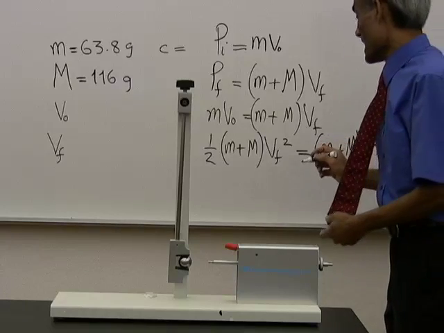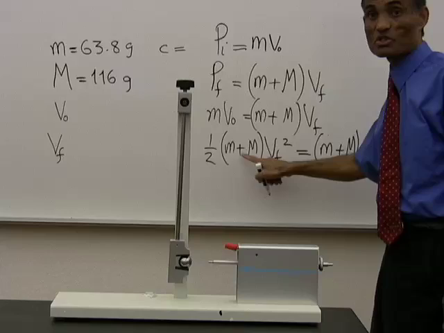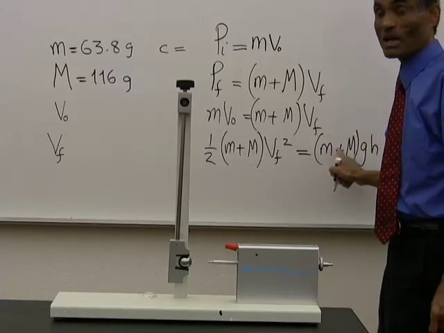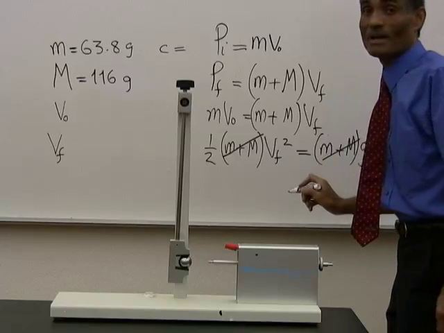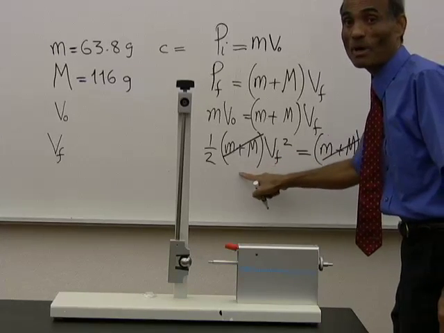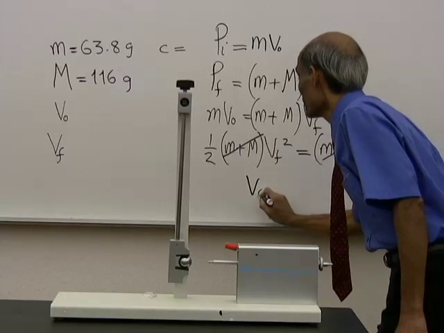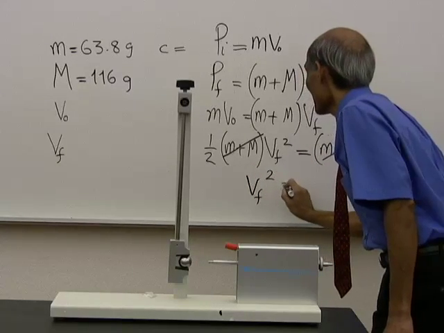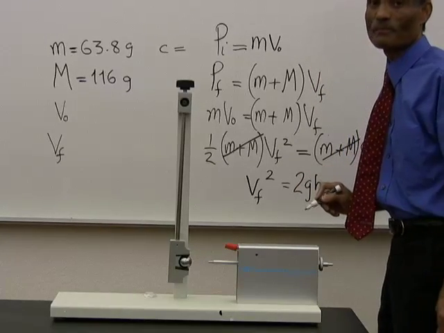Alright. In the energy equation, if you notice, m plus M will cancel on either side, and we can solve for Vf squared. Multiply both sides by 2. What do we get? We get Vf squared equal to 2gh.